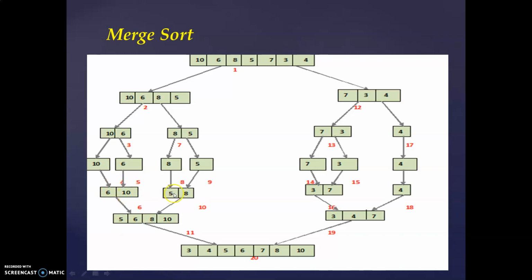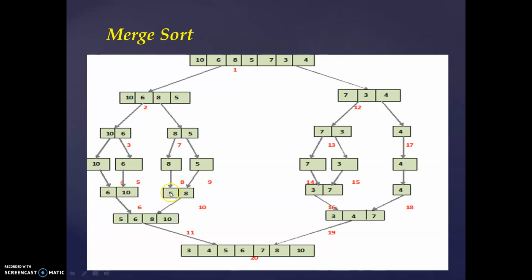Now 6 is compared with the second element of the first array, 10. Yes, 6 is smaller than 10, so 6 is placed here and 10 is placed here. Done. So 5 and 6 are already sorted.